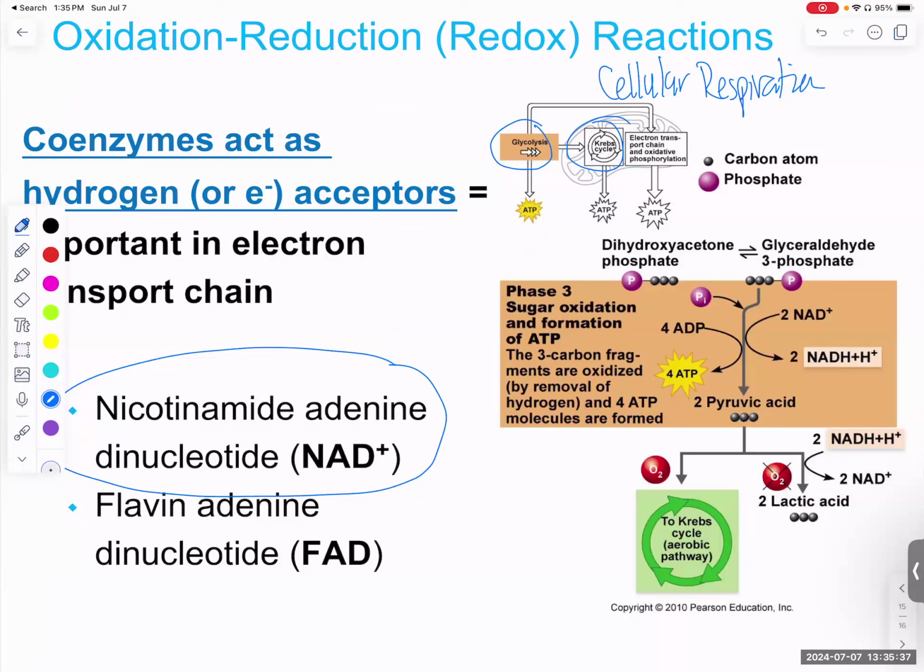So this is showing you in glycolysis, NAD here is getting reduced. It's gained protons and electrons, and it's going to take those electrons and protons to the Krebs cycle, and then ultimately to the electron transport chain. So this is a really important part of cellular respiration, and that's why we're going over it. So we'll see you next time.